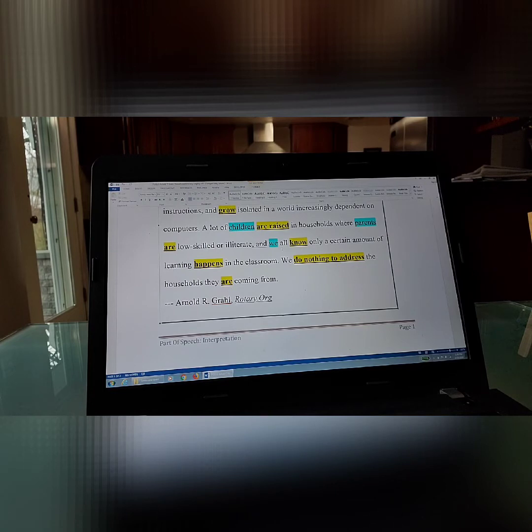We all know only a certain amount of learning happens. Okay. Now, happens is the verb there. Now we're looking for the subject of that verb, right? What happens? Learning happens, right? So learning would be the subject there in the classroom.